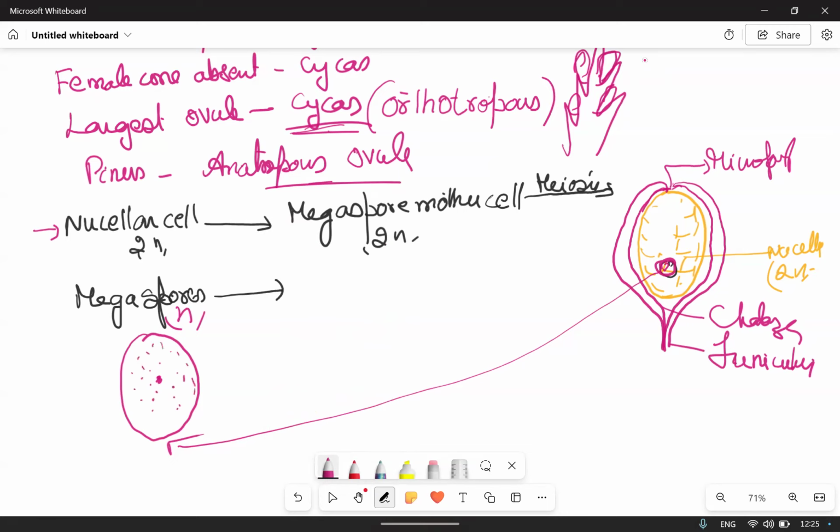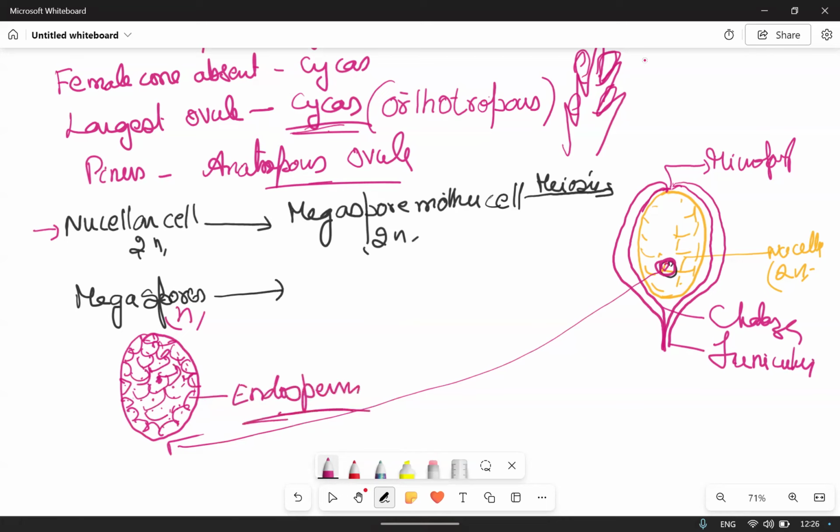So each one undergoes 3 nuclear divisions. A multinucleated structure is formed. Now wall formation takes place. Surrounding each nucleus, a wall is formed. Now this is called the endosperm.